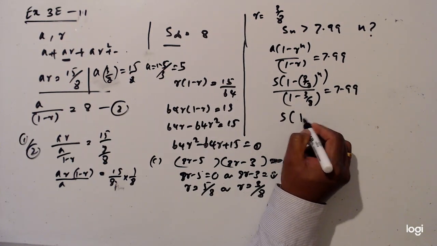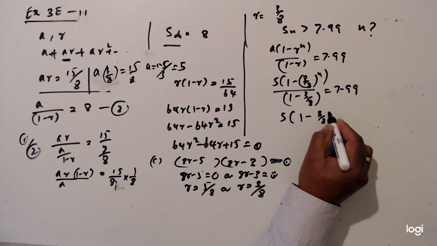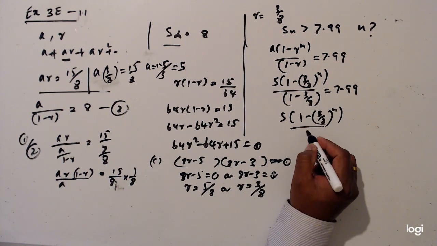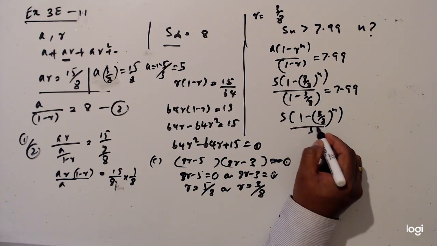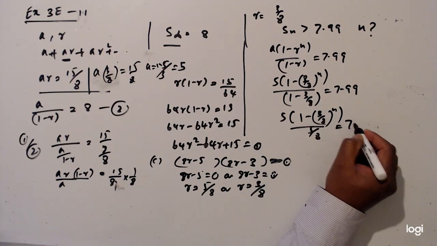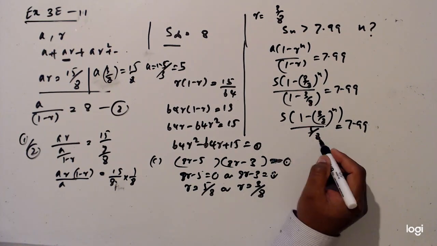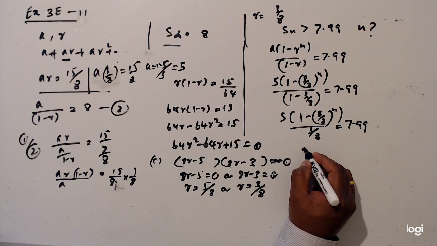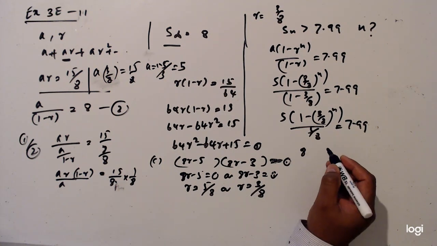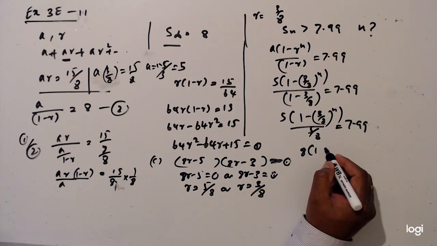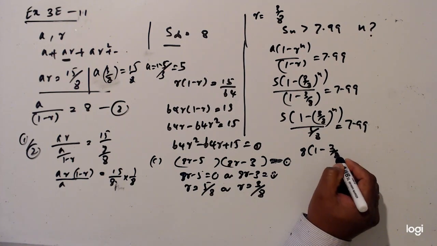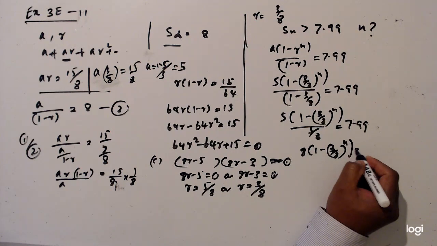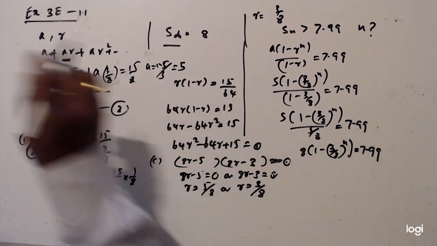So 5 times 1 minus (3 over 8)^n, this is going to be 5 over 8 equals 7.99. 5 and 5 cancel out. 8 times 1 minus (3 over 8)^n equals 7.99.